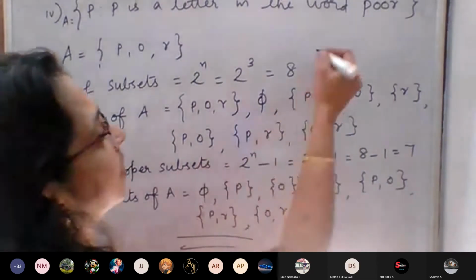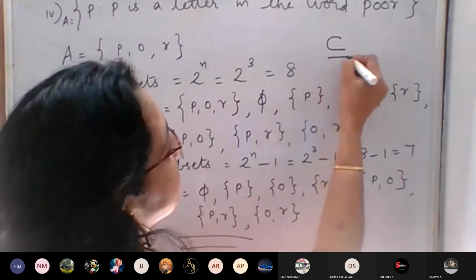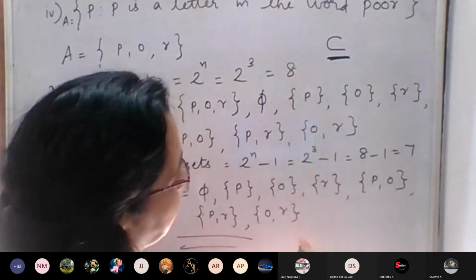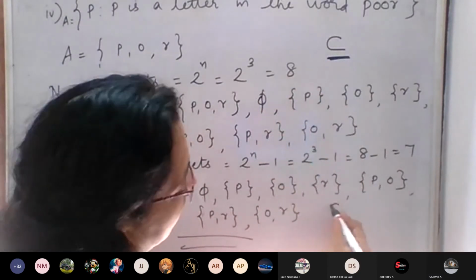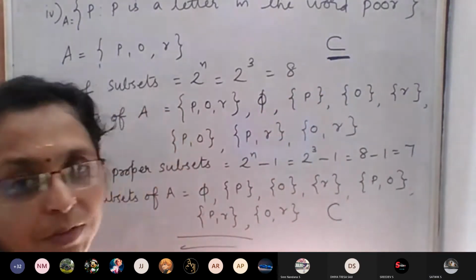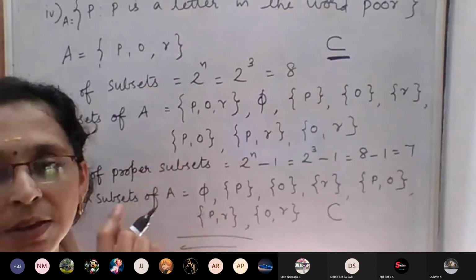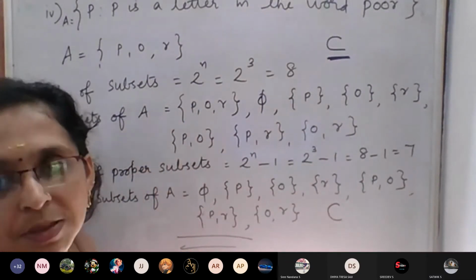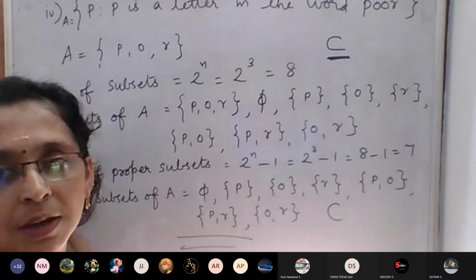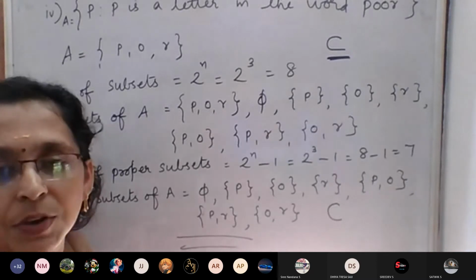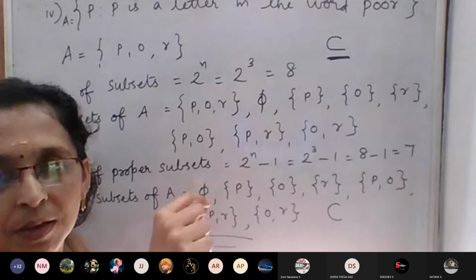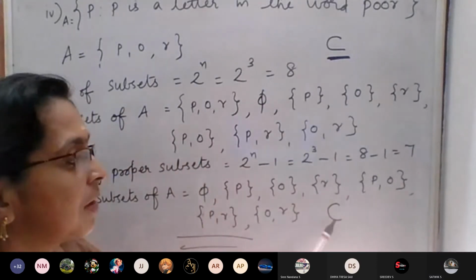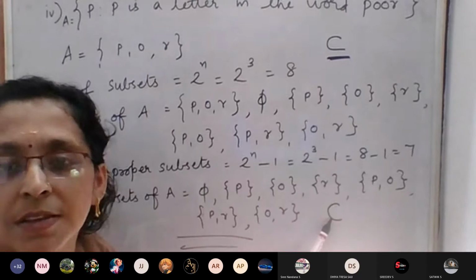The symbol for subset has an equal sign in it. For proper subset, we write only the symbol without the equal sign, so we are not writing that set. Why? Because in that symbol the equal sign is not there.